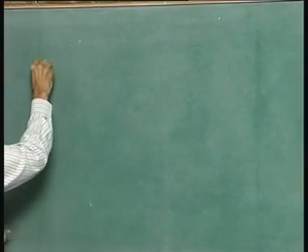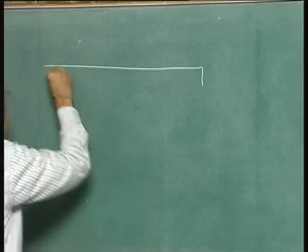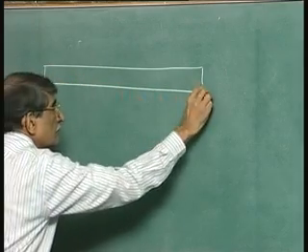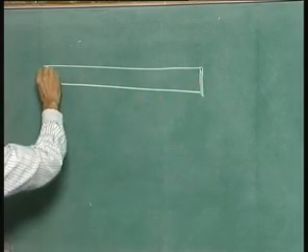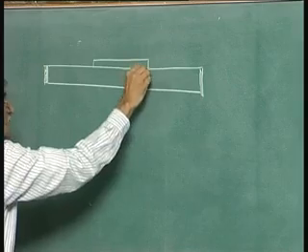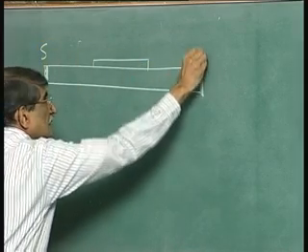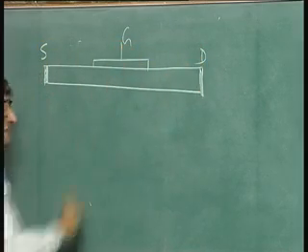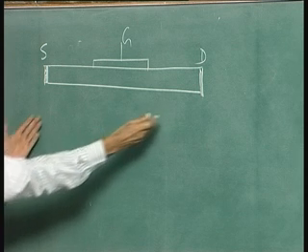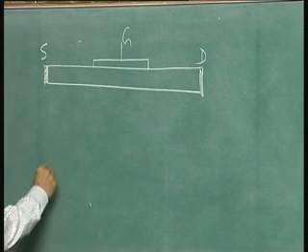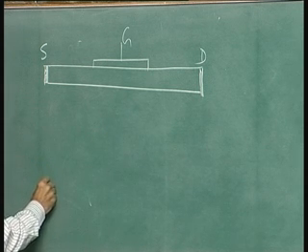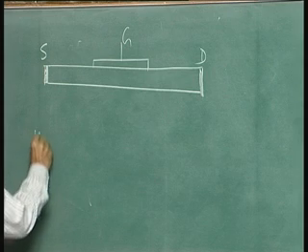For instance, if I have a long channel with a gate here, source, drain, gate. The electrons, if the field is high, the electrons actually will acquire velocity versus distance.